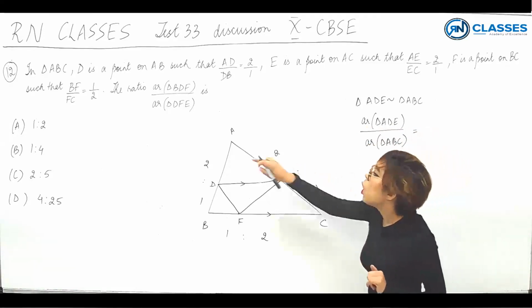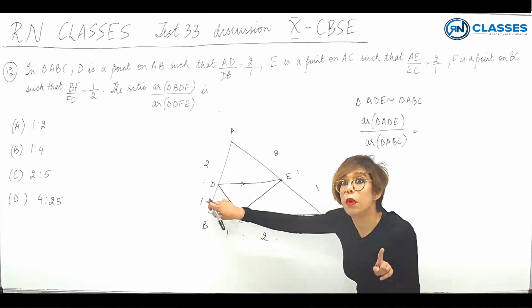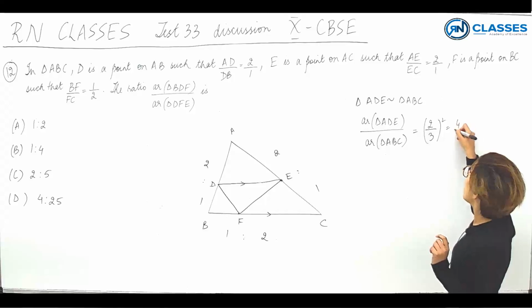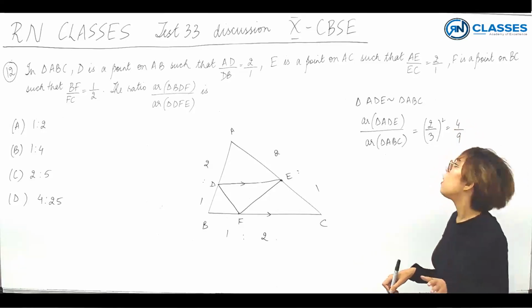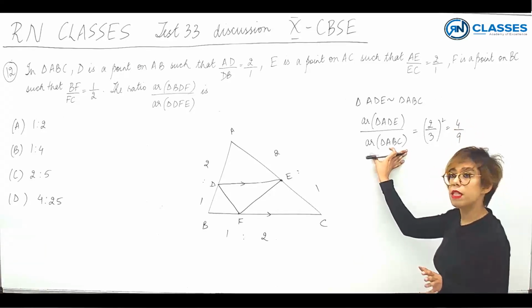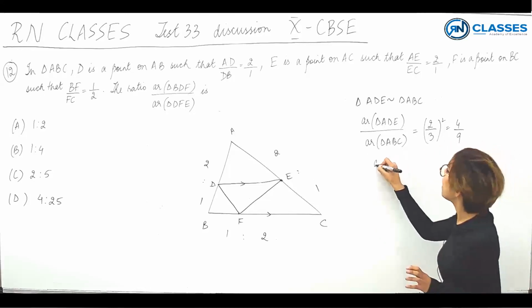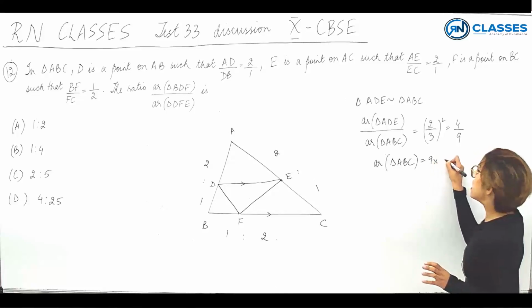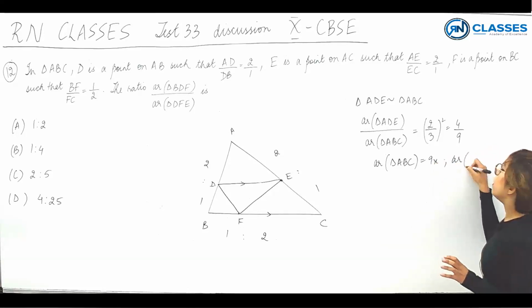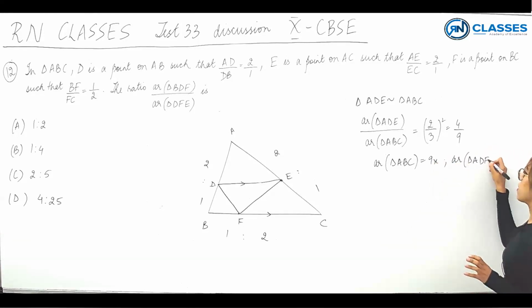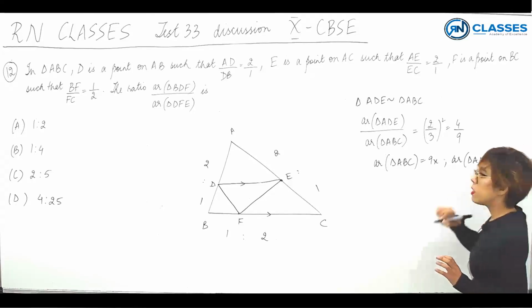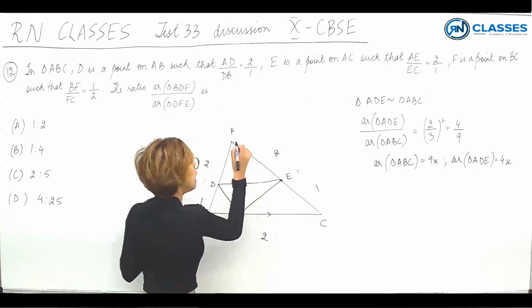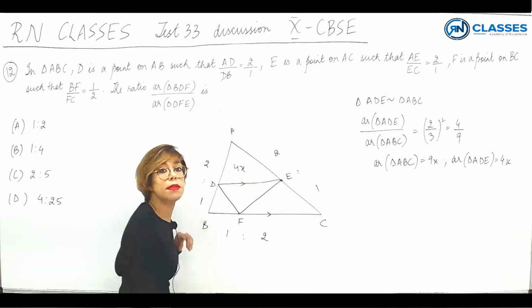Will be equal to 2 by 3 whole square, which is 4 by 9. The area of triangle ABC to be 9x, I can say that area of triangle ADE is 4x. This is how we involve ratio. Right? So this is 4x. The entire region is 9x.